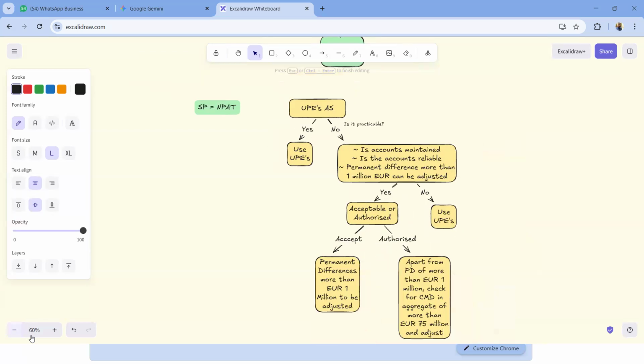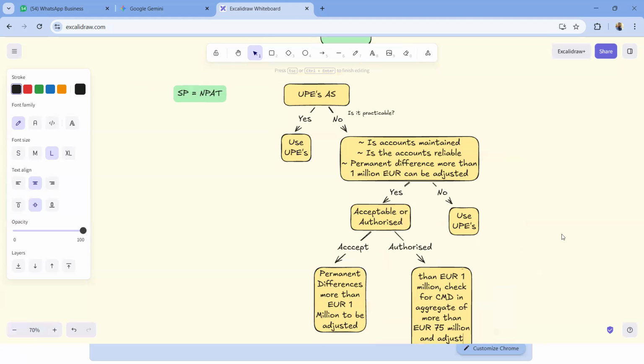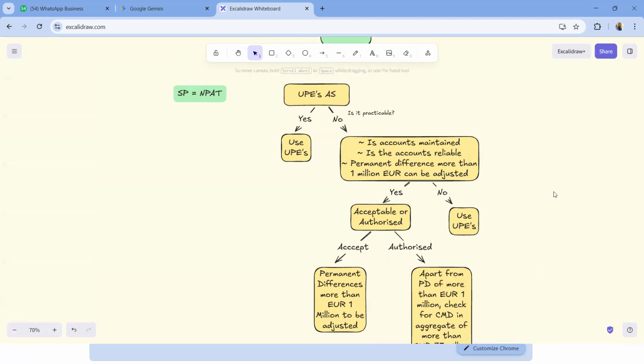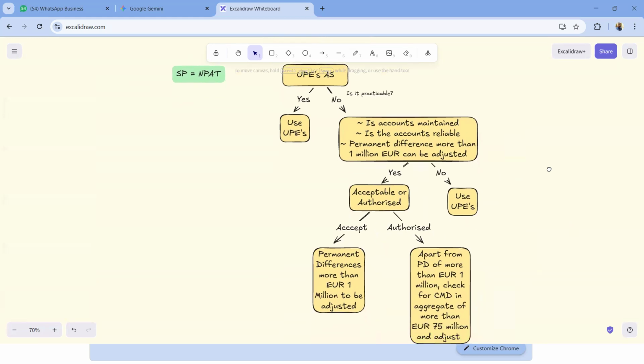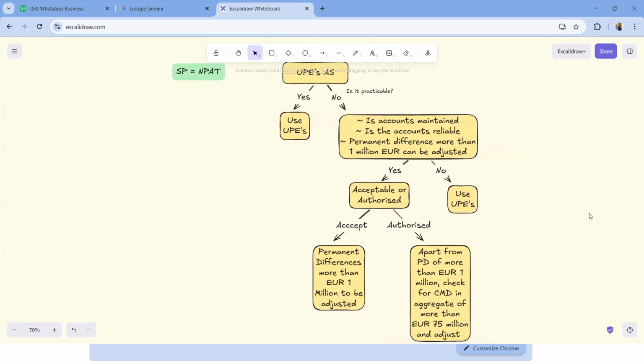So this is the flow chart if you want. Okay. So I will write one more for clarity.